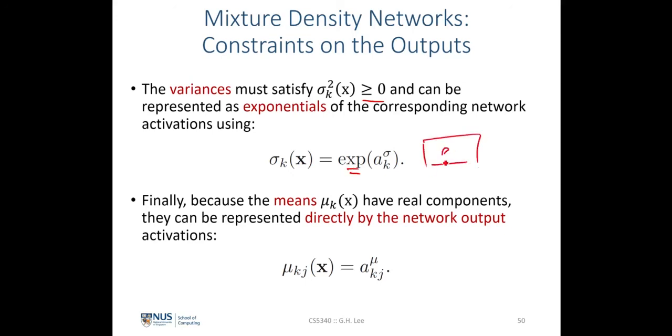So I have a neural network F, and the input is going to output A of sigma, which I'm then going to put into the exponential function, such that I can ensure that sigma squared is always greater than or equal to 0, because the exponential function is always greater than or equal to 0. Finally, because the means have real components, they can be directly represented as the output of the network, where no constraint is needed for the mean of the Gaussian mixture model.